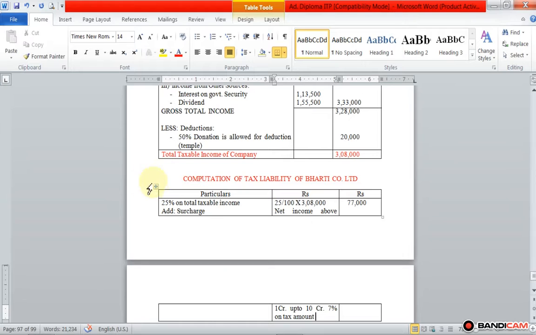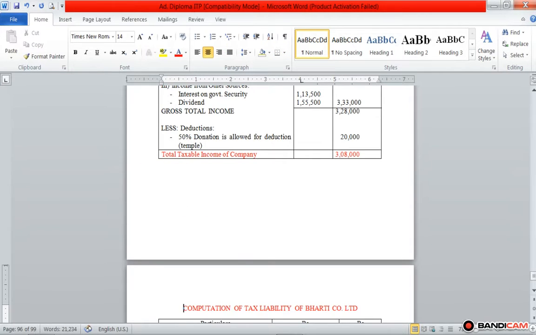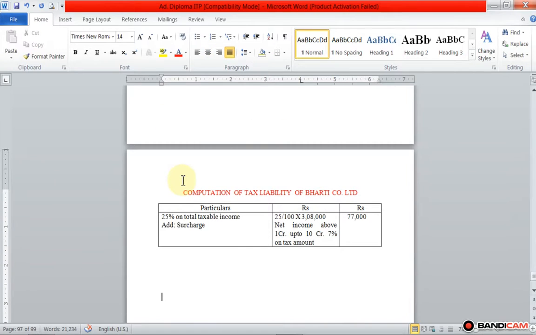Because surcharge we already studied, surcharge means it is a tax on tax. Okay, additional tax paid on tax. Got it? So here in the amount column, nil. If net income of a domestic company is more than 10 crore, then 12%.